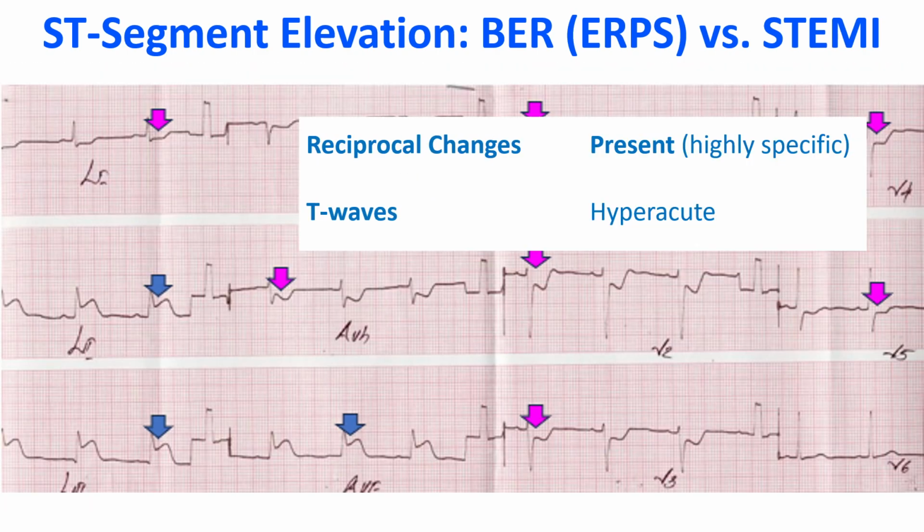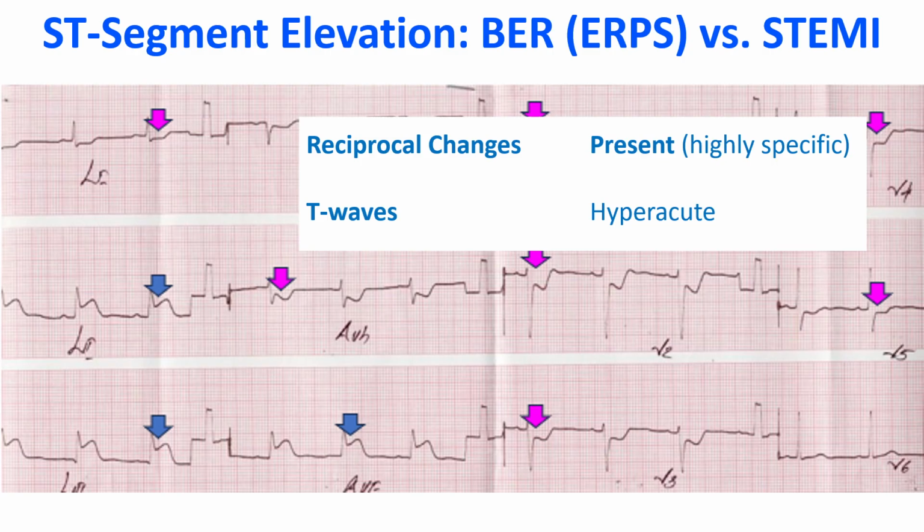Here, this is an inferior wall STEMI in hyperacute phase. You can see the upsloping ST elevation in inferior leads and reciprocal ST depression in other leads. It's present in lateral leads and even in anterior leads, extensive ST depression.